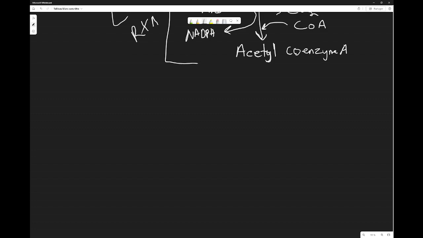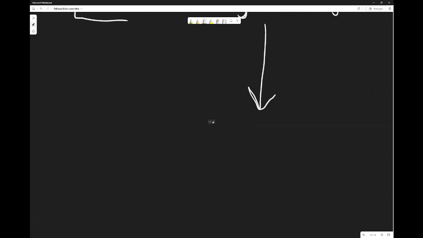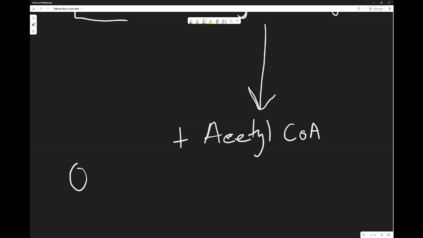So we're gonna have acetyl-CoA. CoA, right? And this is gonna combine with oxaloacetic acid, right? So keeping that in mind, well, oxaloacetic acid.